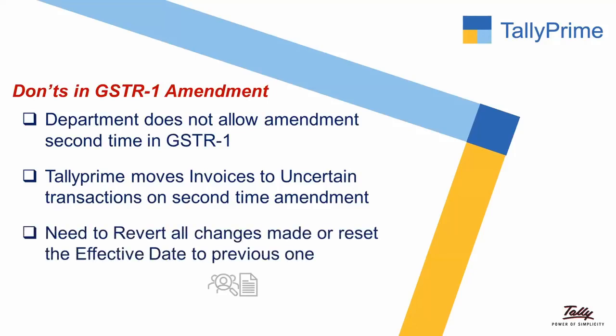So we have to revert it back to the previous one, because a second time amendment is not at all possible in GSTR1 itself. So for the sake of our practice, never ever try amendments twice, thrice, or anything, and don't come up with, sir, Tally is not working with this type of amendment.